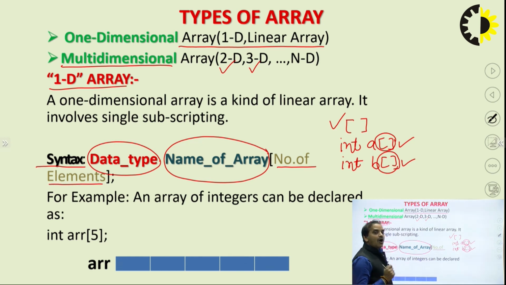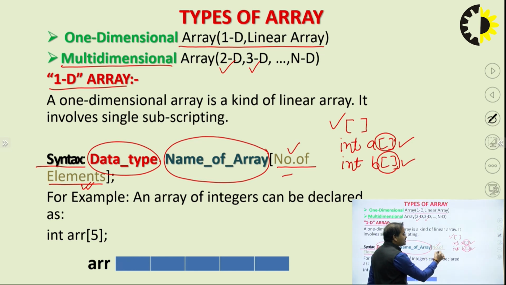That means how many elements you want to insert, delete, or take in the array. This is defined by the length of the array, and the length must be a positive integer because length can never be negative. Index may be negative, 0, or positive, but the length is always a positive integer.